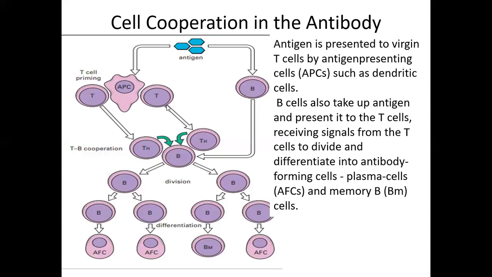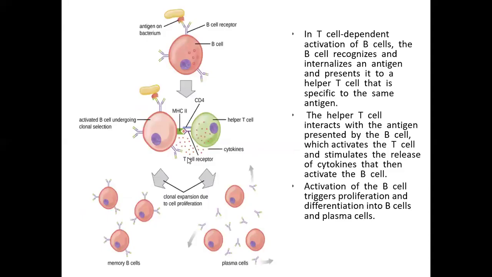So the TCR activates the T helper, and then the T helper sends the signal to the B cell. And the B cell also starts to catch a new antigen. So look here, look at this process.